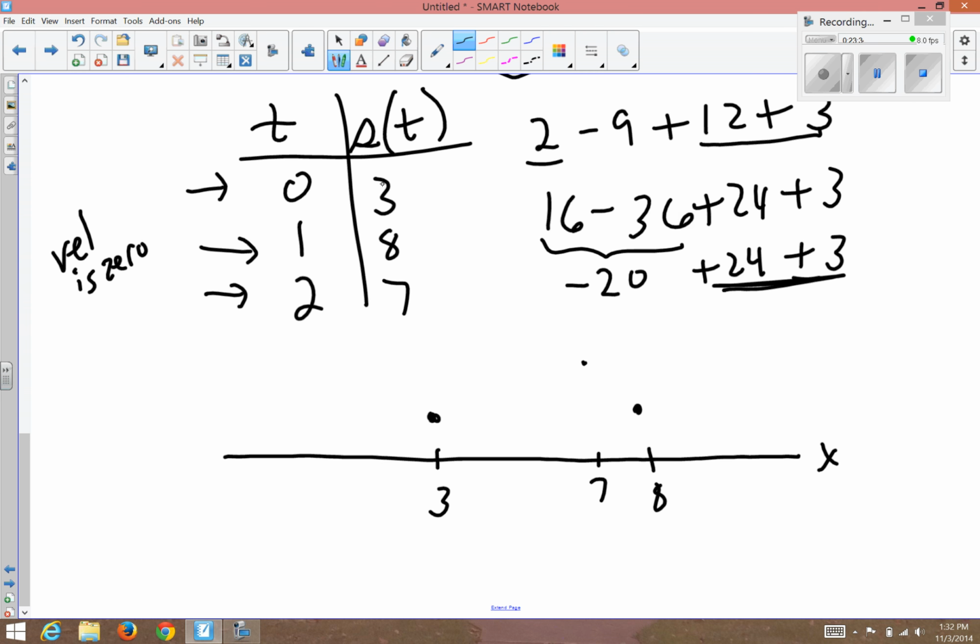These numbers are positions. S means position. It's at position 3, and then it goes to 8. Then once it gets to 8, it goes to 7. It goes from point A to point B to point C in this time interval.